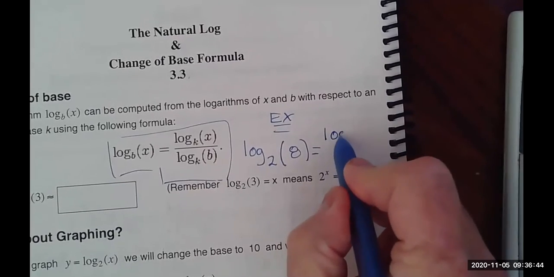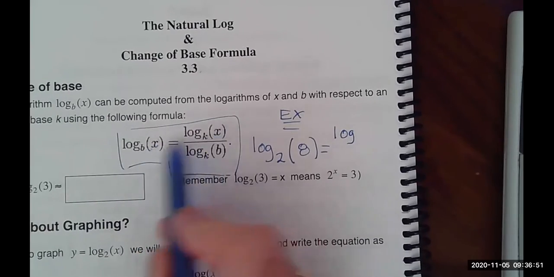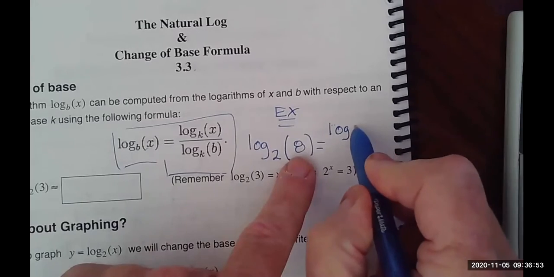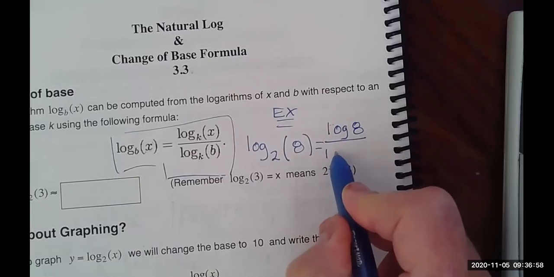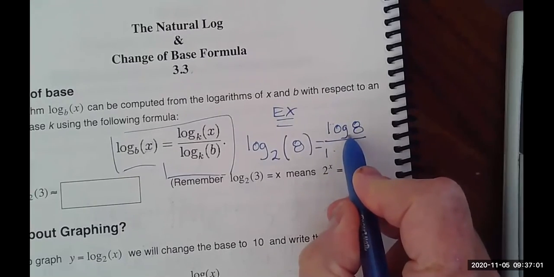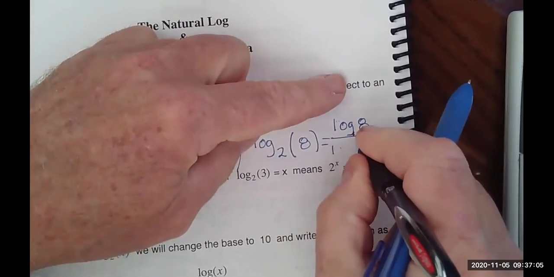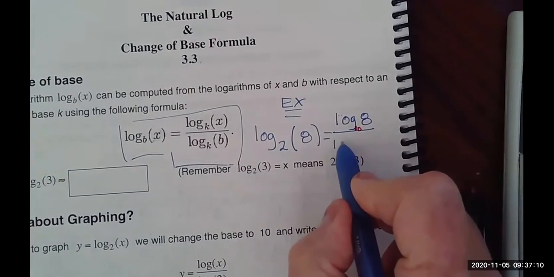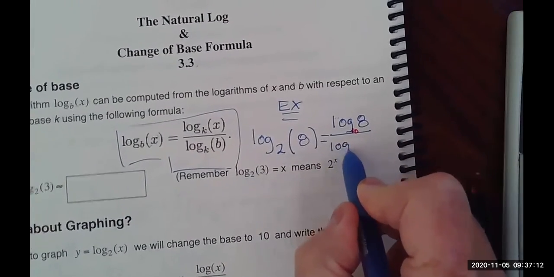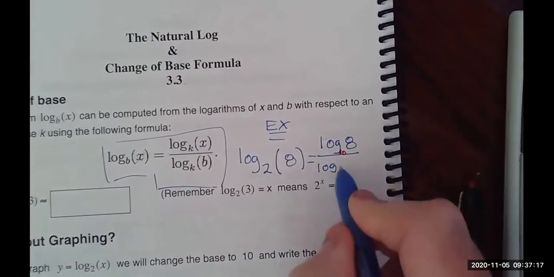You can just go log. Now this is the numerator, this is what you'll have to remember. So the argument goes in the numerator. My argument's 8. And the base is going to go in the denominator. Remember, this is a base 10. It's not a base 8. It's a base 10, so log base 10, but your calculator doesn't show that.